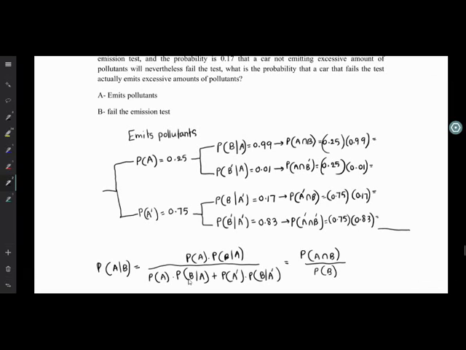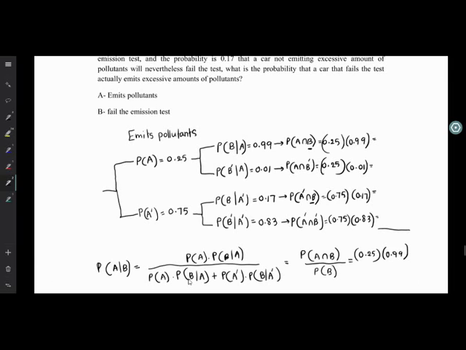Okay, so I'll show you how to get this one even without using the Bayes theorem. You can see that the probability of A intersection B is here in the very first branch, which is 0.25 times 0.99. The probability of B, you can see the two probabilities in the intersection where you see the letter B. That will be the first one and the third one.